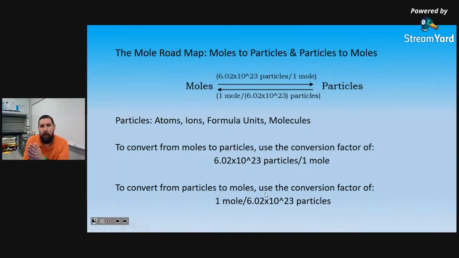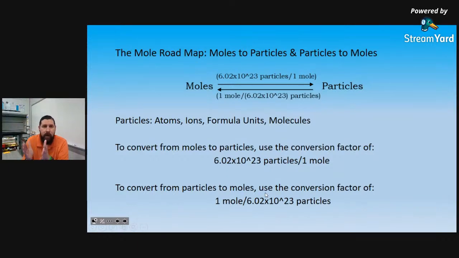And when we talk about particles, we can be referring to atoms, ions, formula units for compounds that are ionically bonded, or molecules for compounds that are covalently bonded. So we use this term particles as an umbrella term or catch-all term, rather than specifically having to say atoms, ions, etc. We just use particles.